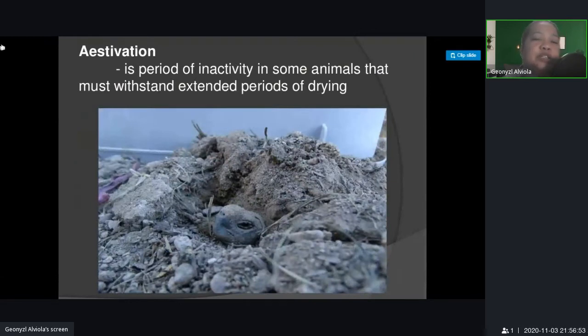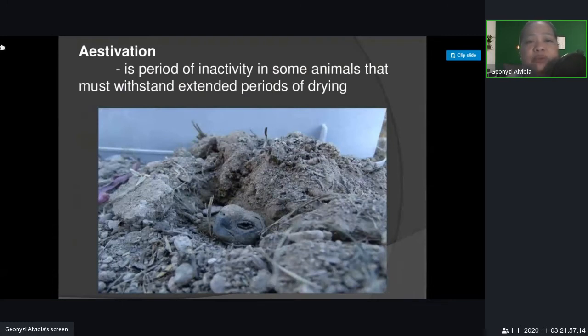Estivation is a period of inactivity in some animals that must withstand extended periods of drying. For example, if there's a drought or less rainfall, some animals have to bury or hide under burrows. There are also fishes like lungfishes.